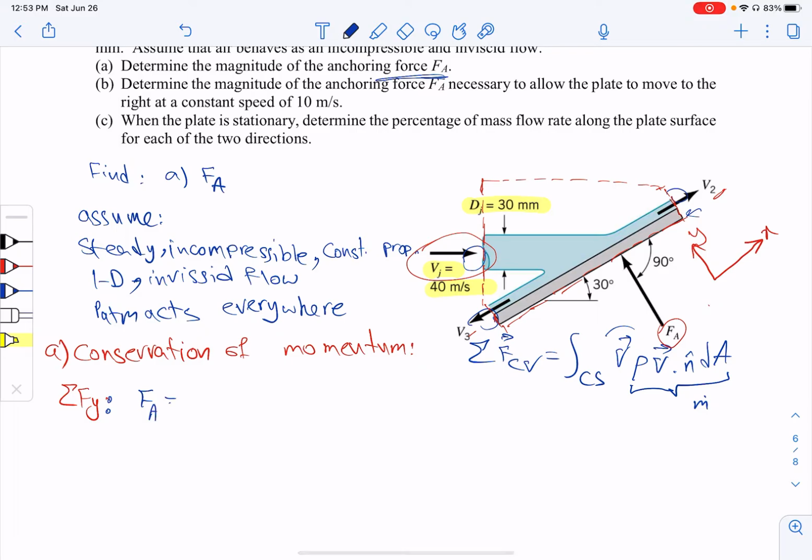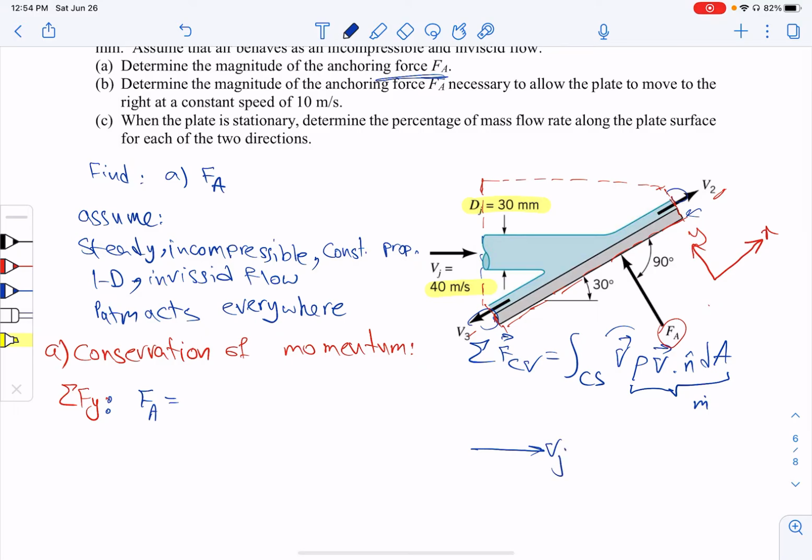And then for the y direction, I have the velocity at the jet, this one right here. Let me write it down here to see how we can simplify that.